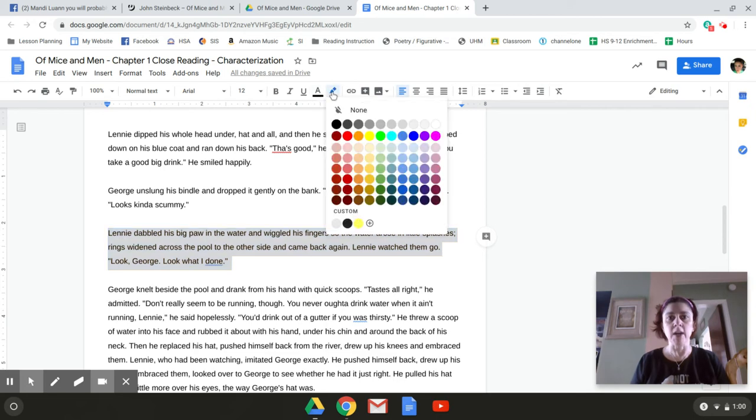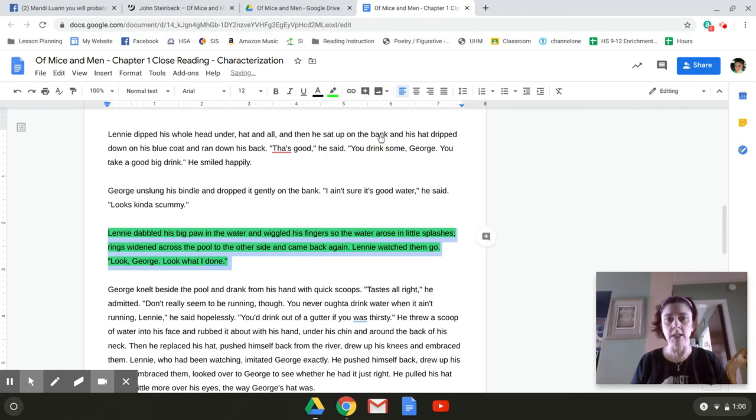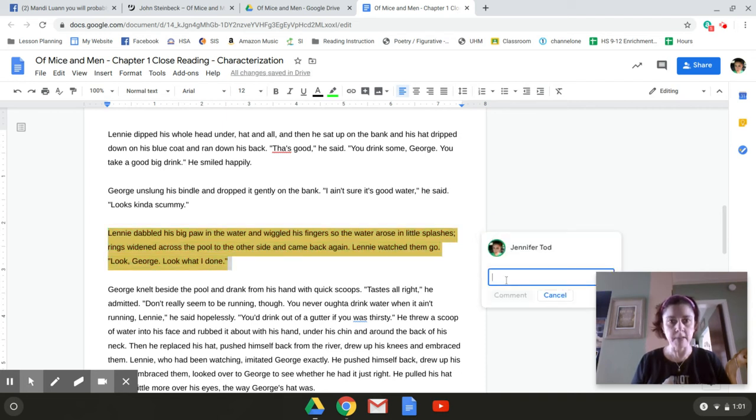So this is describing his behavior, how he behaves when he sees the water. So I'm going to click my comment function here, and I'm going to say, this text makes Lenny look like a child who is in wonder that the water makes ripples.